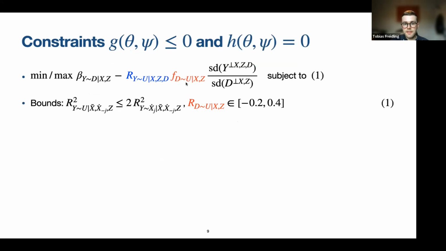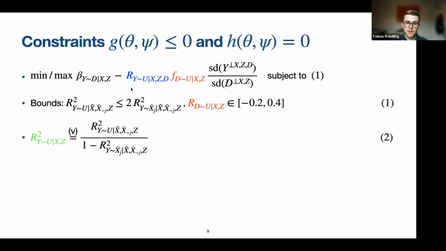Now, the sensitivity parameter is already bounded by this bound here, but this one here doesn't correspond to the blue sensitivity parameter, so we need to do some more work. And this is really where the R-square calculus comes in, because if we apply rule 5, we get this additional equality constraint here, which relates the sensitivity parameter here to this new one in green over here.